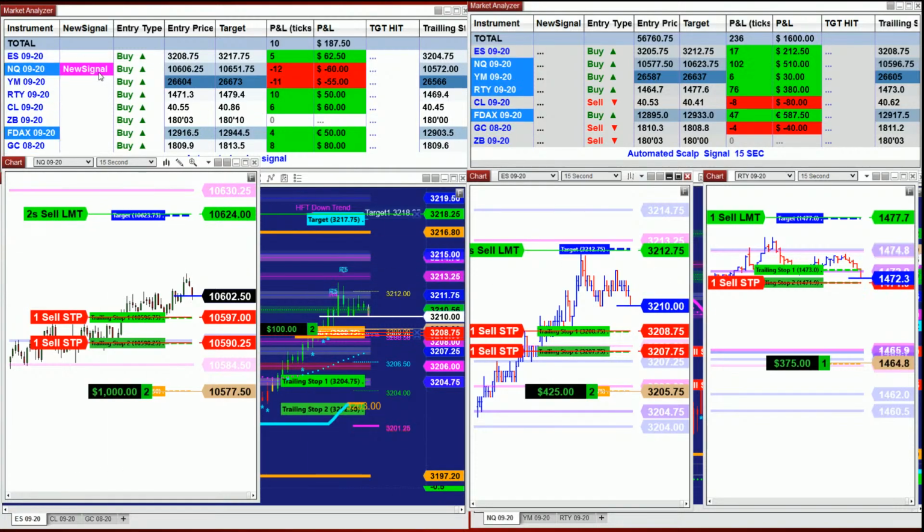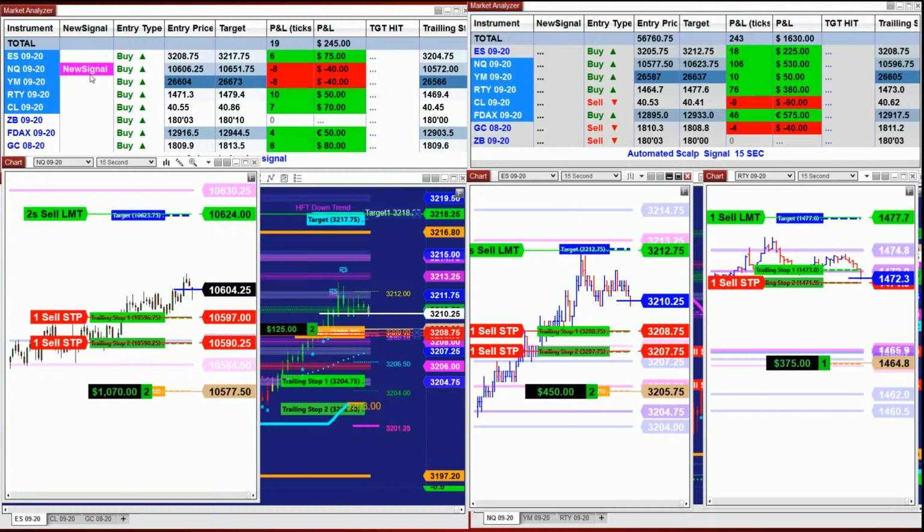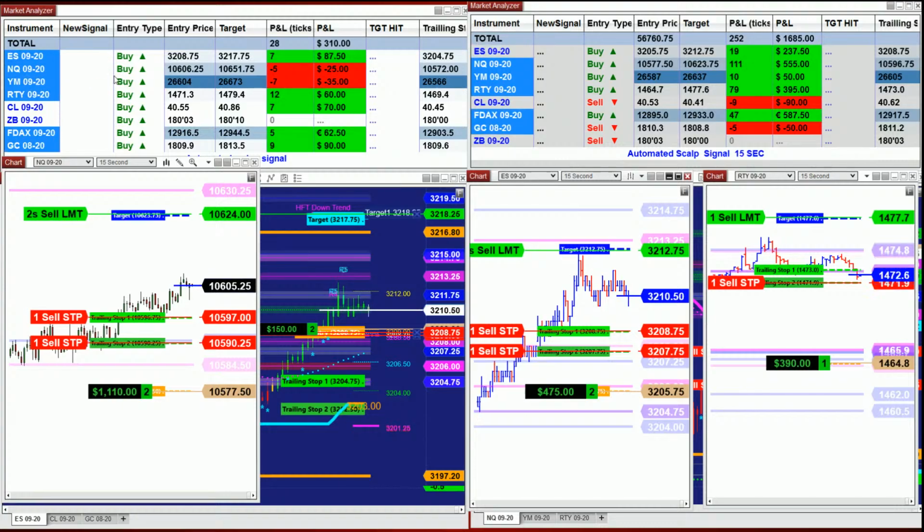Now, as you see, the Nasdaq is taking a long trade, so now they are in sequence.